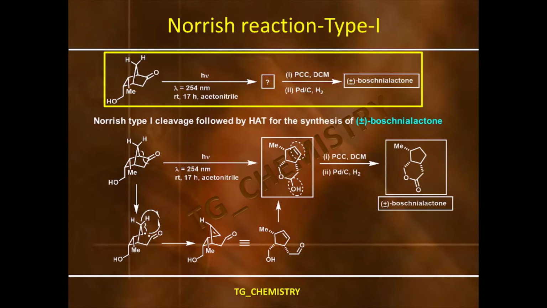First the oxidation of the hydroxy compound to the ketone, and then the reduction of the olefin in the cyclopentene ring will lead to bosniolactone as the product. So this is an application of the Norrish type 1 reaction in the synthesis of natural products or bioactive molecules.